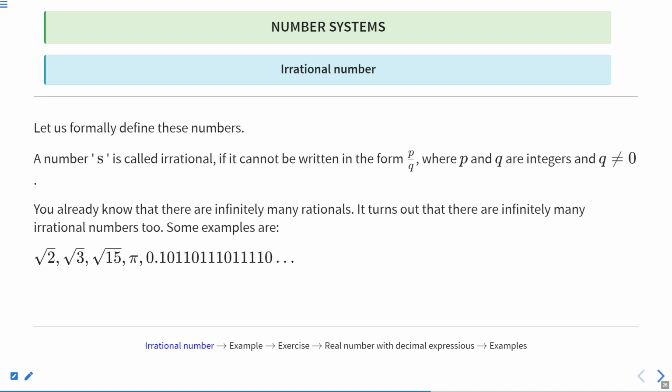It turns out that there are infinitely many irrational numbers on the number line too. Some examples of irrational numbers are root 2, root 3, root 5, root 15, pi, and 0.10111011... which is a non-terminating decimal.